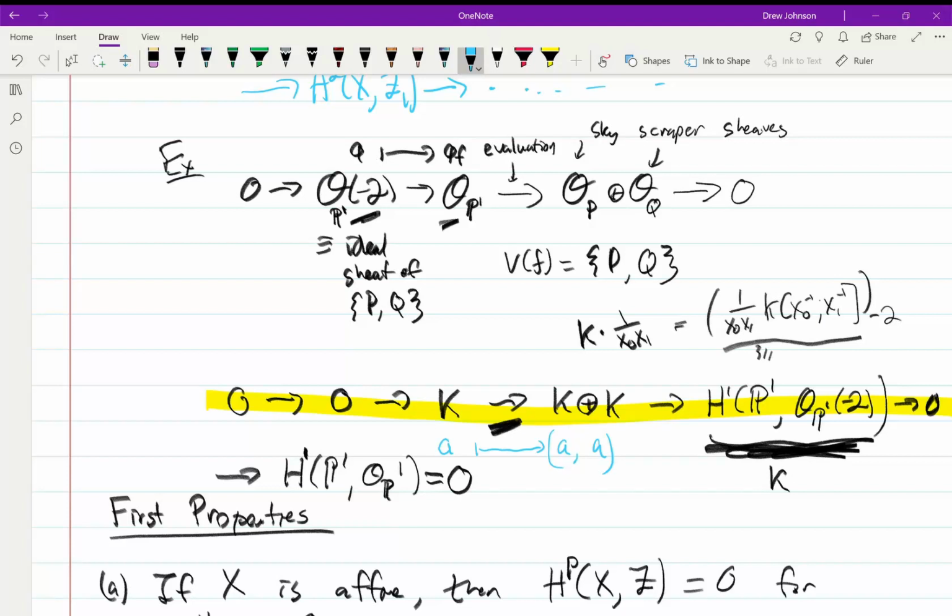It's sometimes a little more tricky to describe, but we can mostly deduce what's going on here because we know exactly what its kernel is. Its kernel is the diagonal, so this must be something like (a, b) maps to a minus b, and then the kernel is exactly this here. Okay, so hopefully that makes sense.